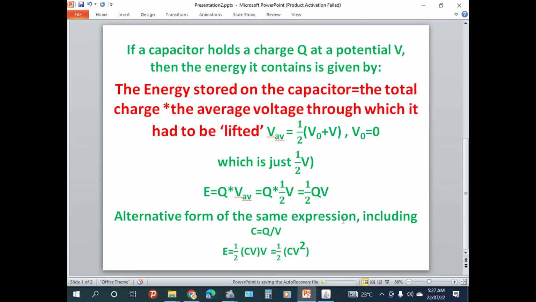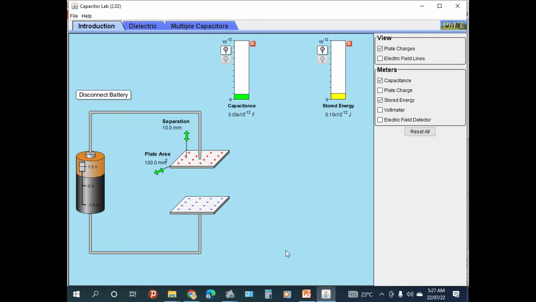Okay, coming to the simulation here. This one is the capacitance, which is C, and this one is the potential difference, which in our case is 1.5 volt, at a separation distance of 10 millimeter, and the plate area is 100 millimeter square.